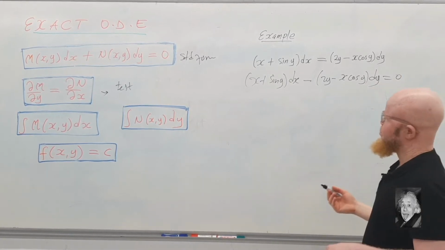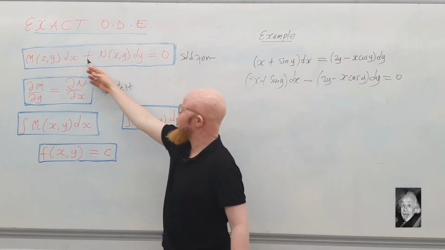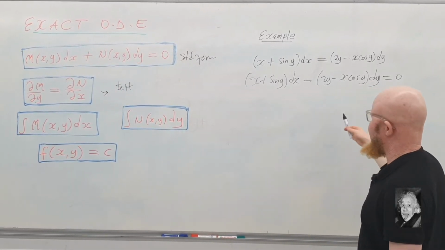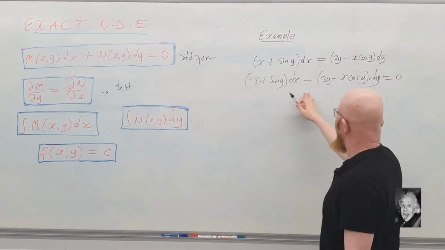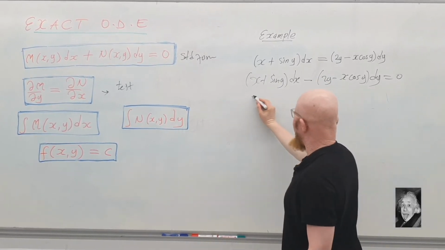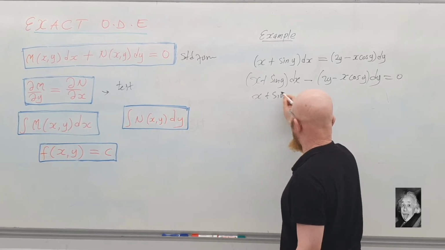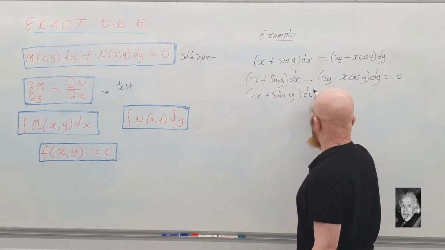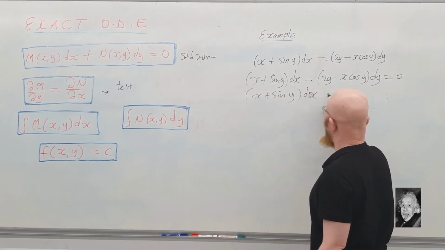But here remember we need to have a positive sign. So can we still do something to this one? Let's see, if I distribute this minus inside, then I'm going to get (x plus sine y) dx.